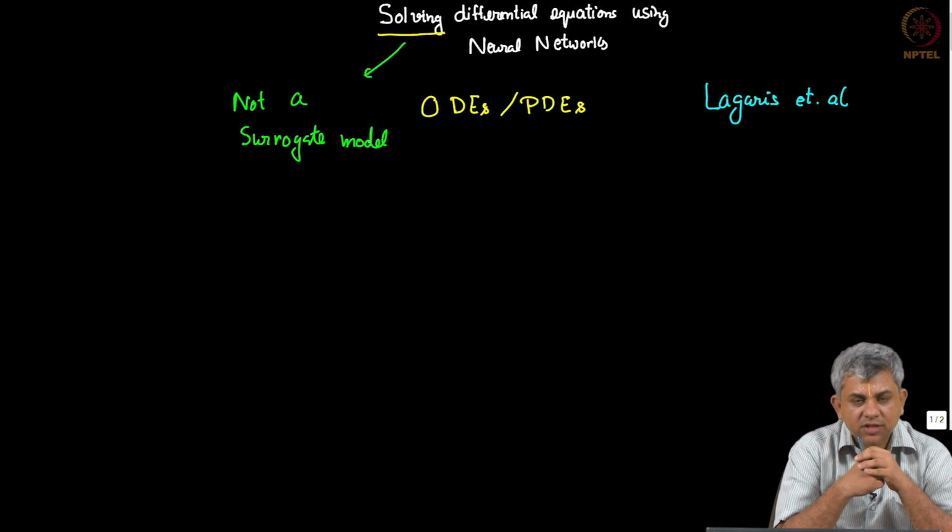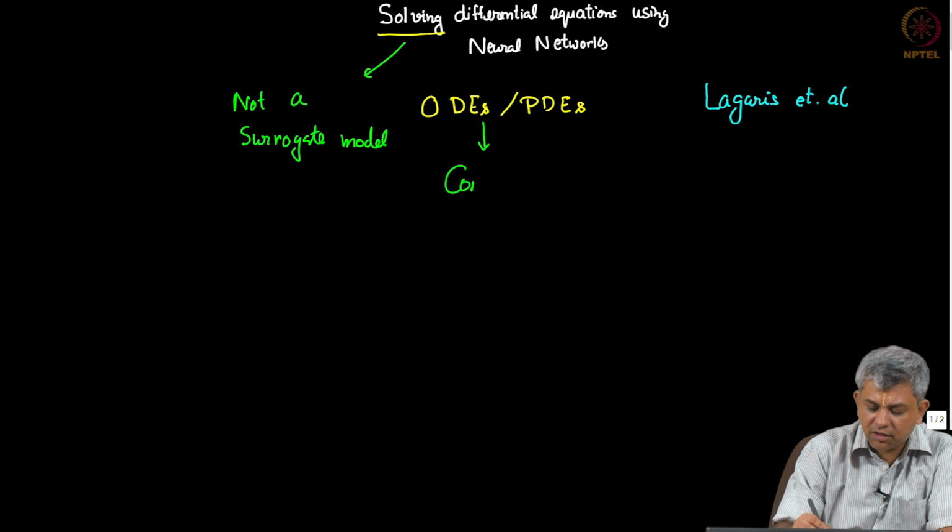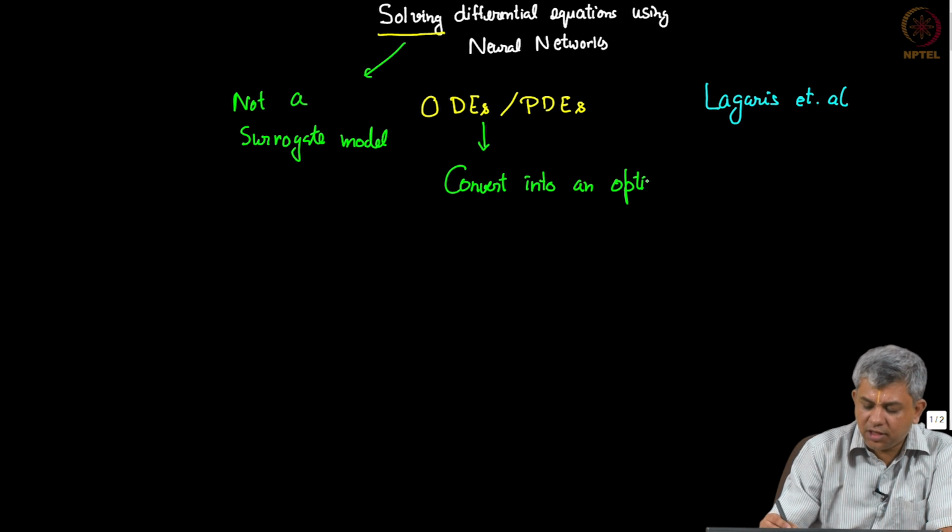Now, in this case we are not doing that, you are using an entirely different method. You are posing every ODE or PDE as an optimization problem, and you will see this extremely clever way of doing this.